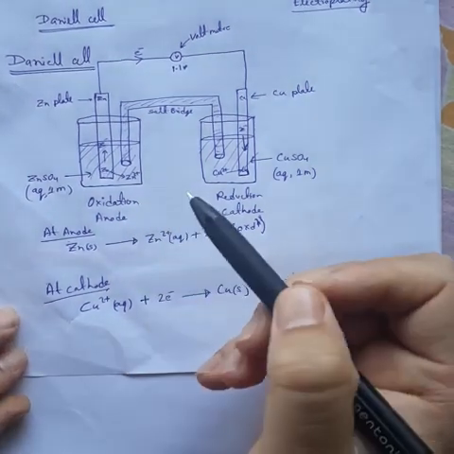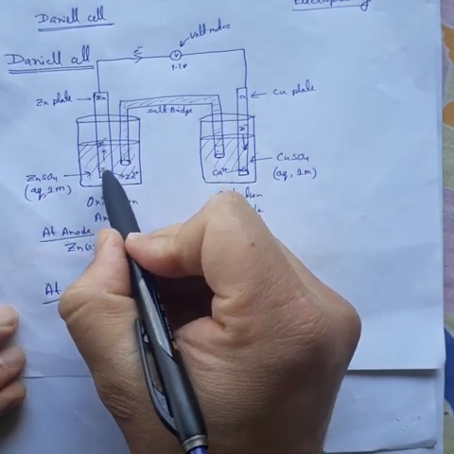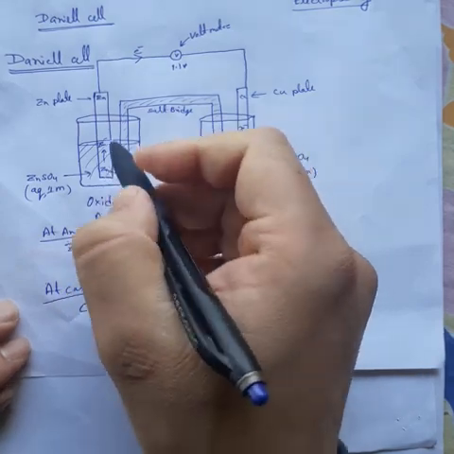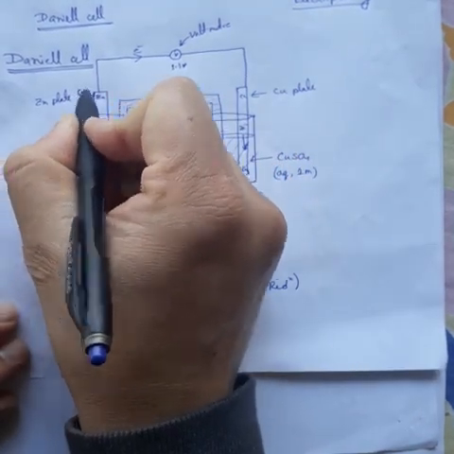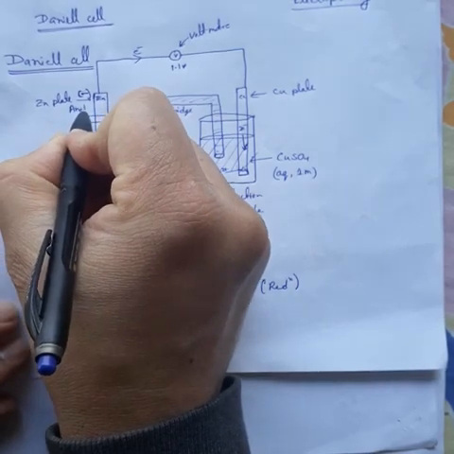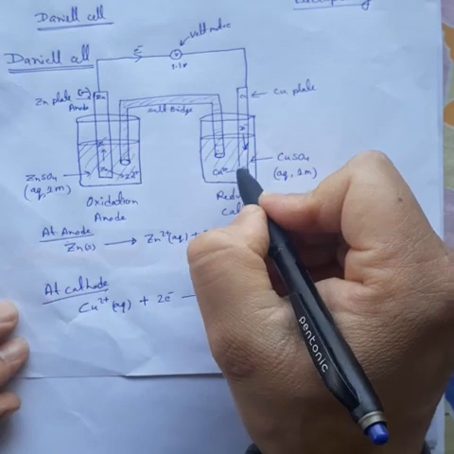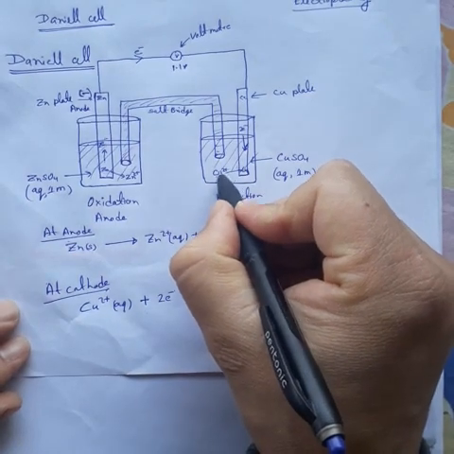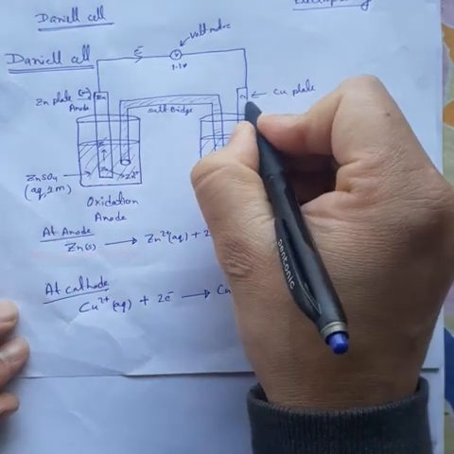Another important point is that since during this process the zinc plate releases 2 electrons, this plate becomes negatively charged. We call it the anode, and it is negatively charged. Here the copper ion goes and adds to this plate, so it becomes a positive one.